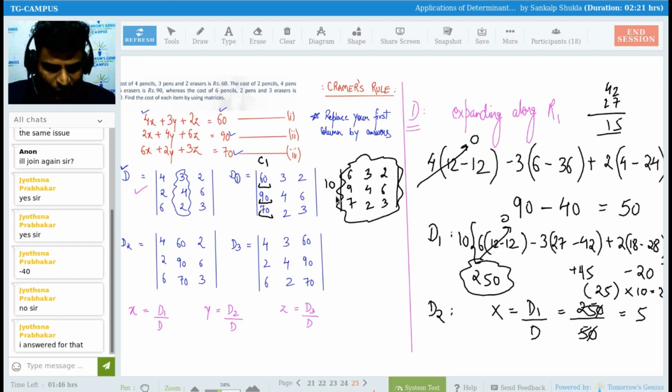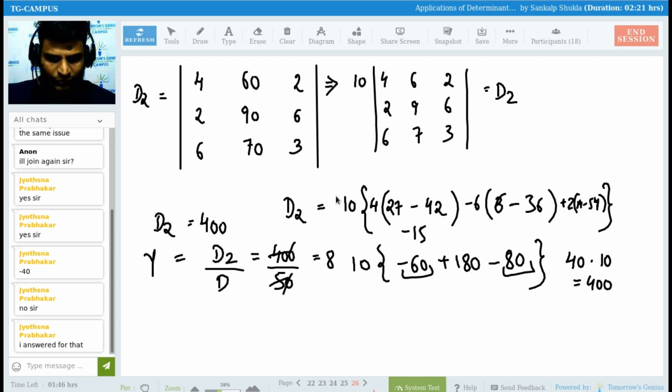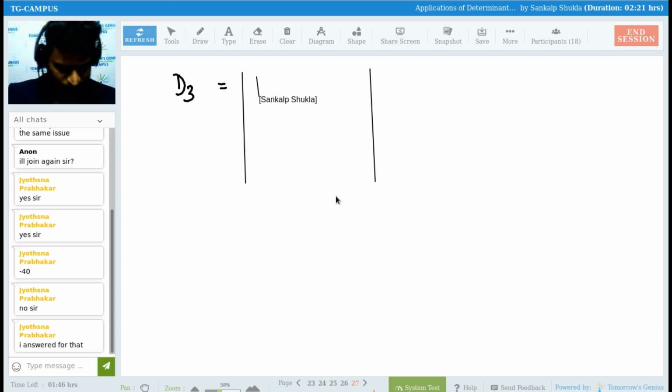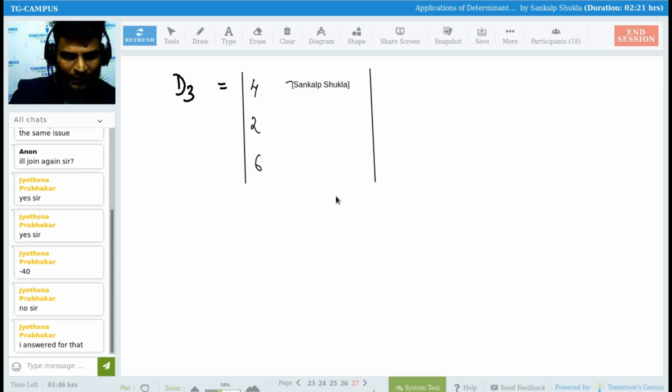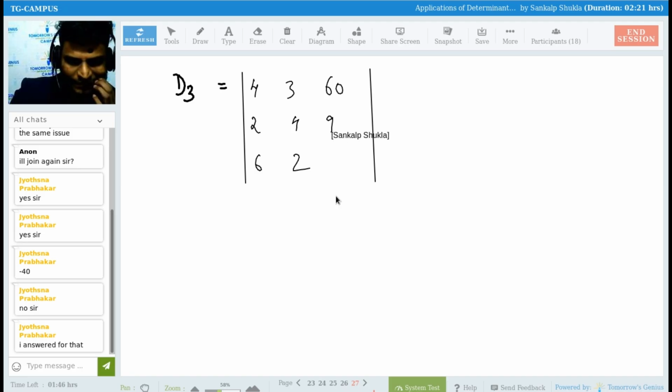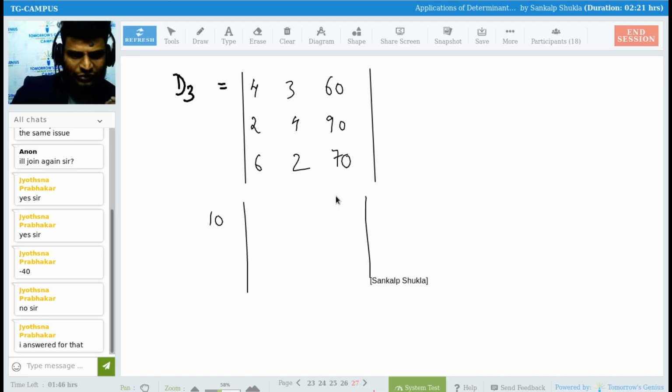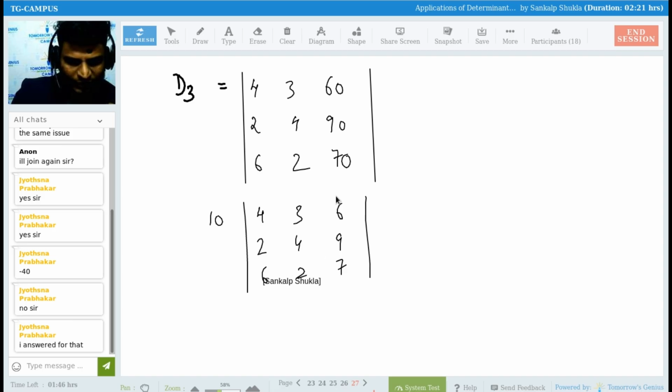Okay, what is D3? 426342. 426 and 342. And then 60 90 70, right? So 10 again I will take as common. So this will become 697, 3, 4, 2 and 4, 2, 6.